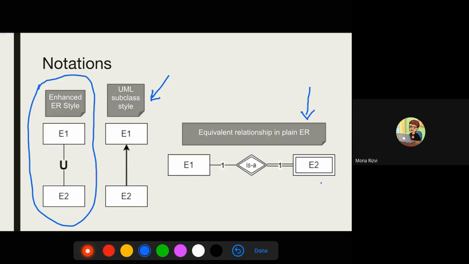So you can show it in regular ER without this special notation, but I think this second one, the UML class style, is the more recognizable one because everybody knows the class diagram style as well.